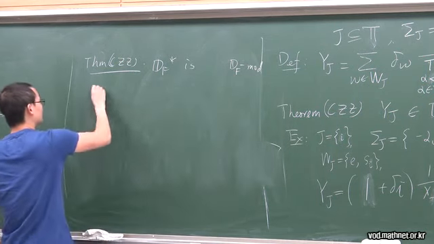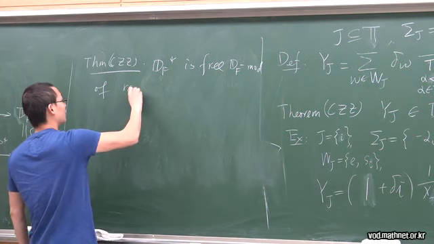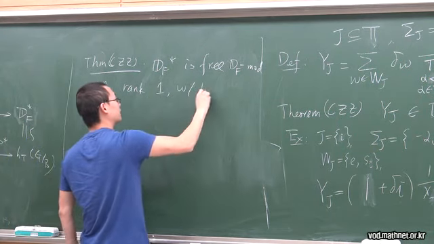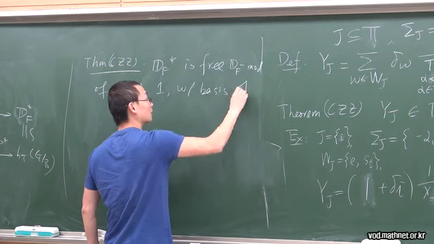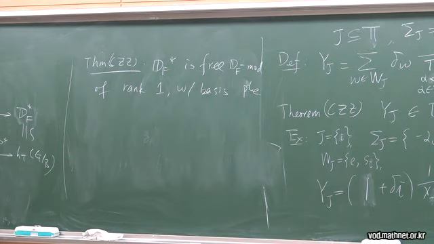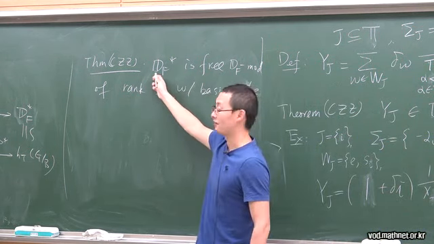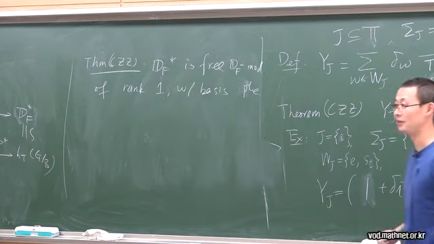That's a D_F module, and actually it's a free D_F module of rank 1. So D_F acts on D_F star, and we know D_F is a free S module, so D_F star is also a free S module. So in other words, D_F star is the same as D_F as a set, just like if you have a vector space, its dual is the same as the vector space itself, except you have some additional structures. That's the case here. D_F star is a free D_F module because D_F acts on D_F star, and the rank is 1 with basis point E.